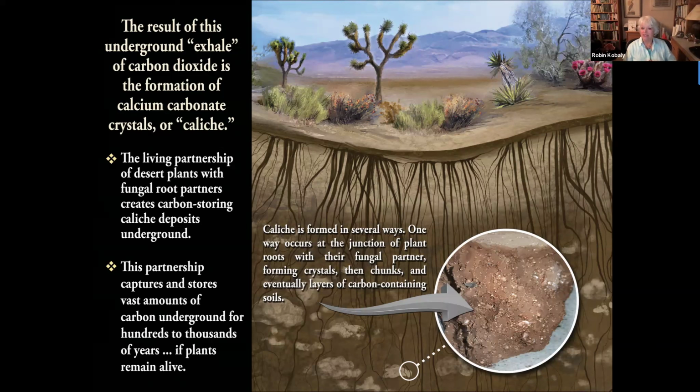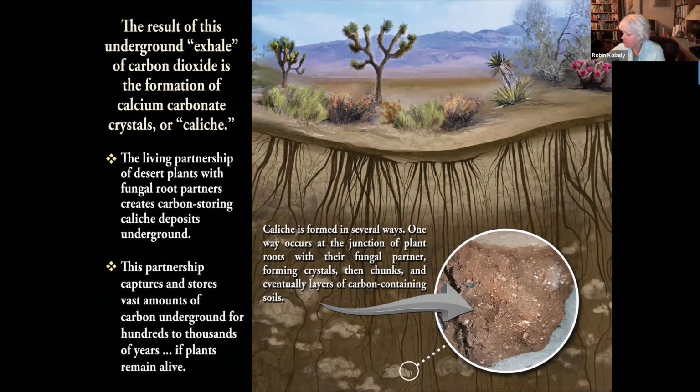But that will stay locked underground as long as we don't disturb that desert soil, because if the calcium is dissolved, then it unhooks from the carbon dioxide, and the carbon dioxide can go back into the air, and the calcium will remain in the soil.